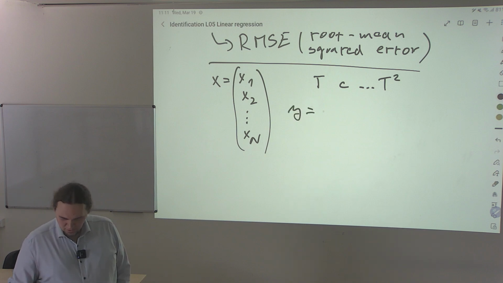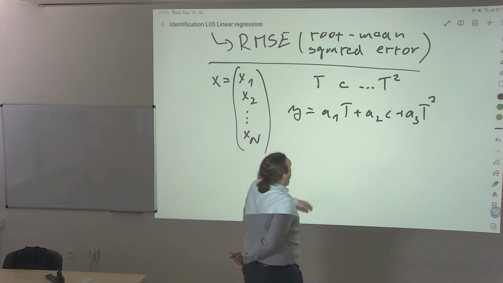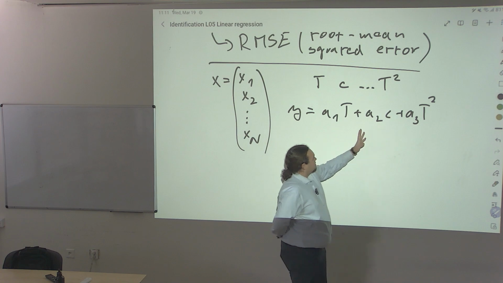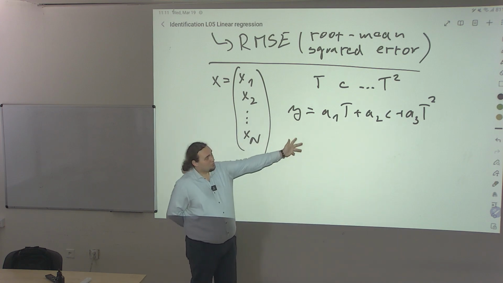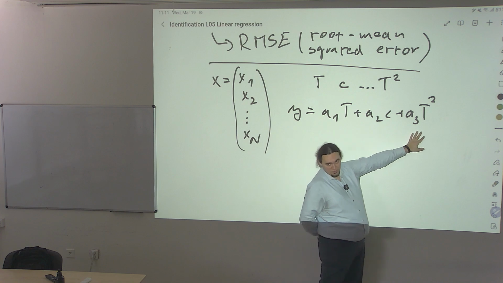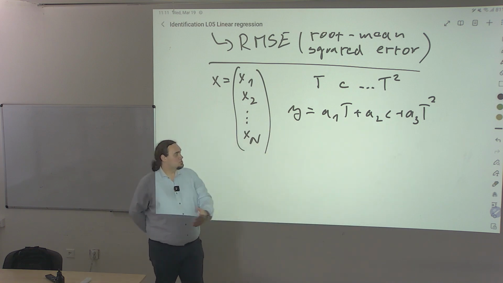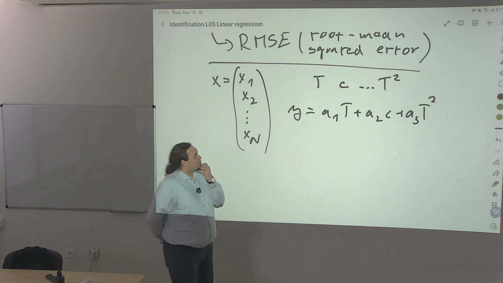If I want, I can build a model, let's put it in this way, A3 some temperature squared, and this still will be a linear model, because it will be linear in the parameters. So for a model linear in parameters, we can again use linear regression.